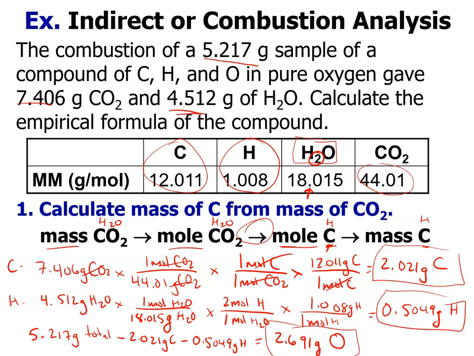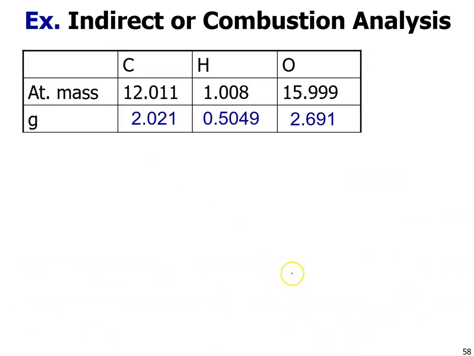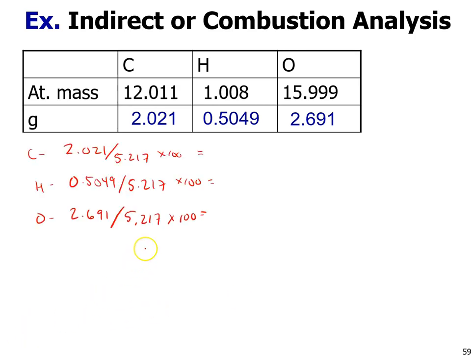Then we would make these percentages, and then we could determine the empirical formula from here. So here we are at these grams. I've calculated these the same way that I just showed you on the previous slide and put them in this chart. Now the next step is to determine the percent composition.